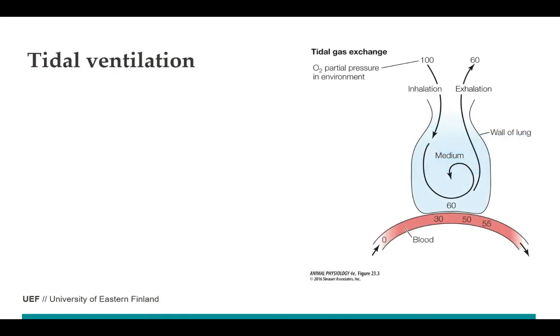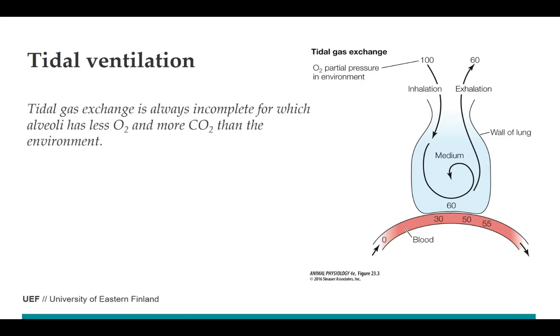Then the problem in the tidal ventilation in the lungs is that this gas exchange in the lungs is never complete. We will discuss a little bit later on the structure of the lungs and how it works, but there is always some air in the lungs, so we can't change it all.